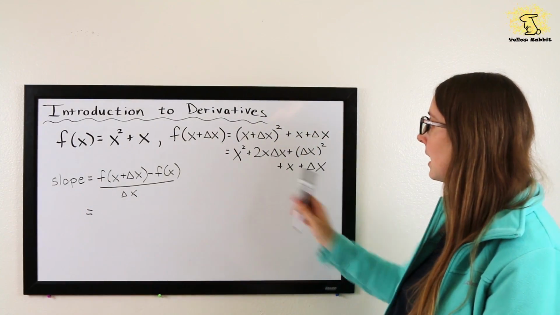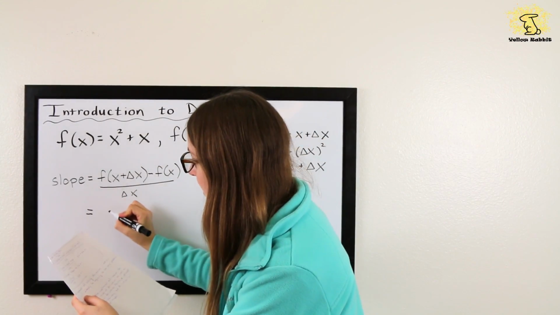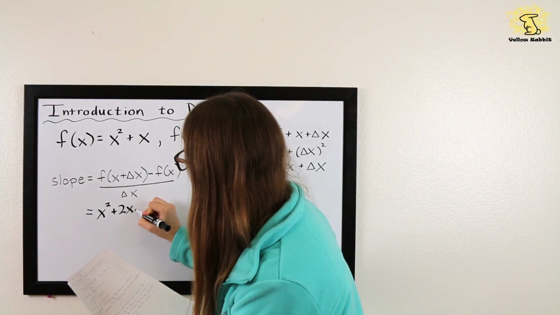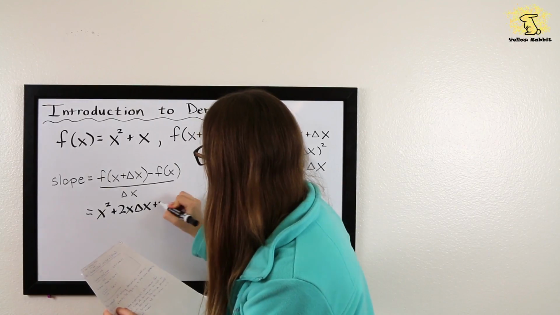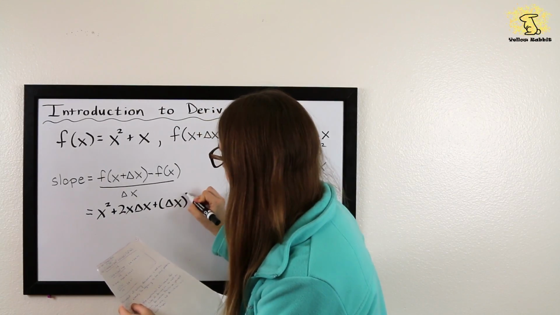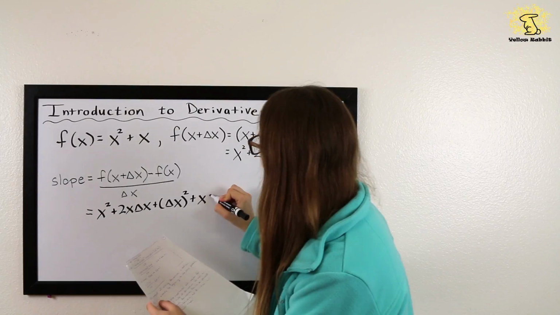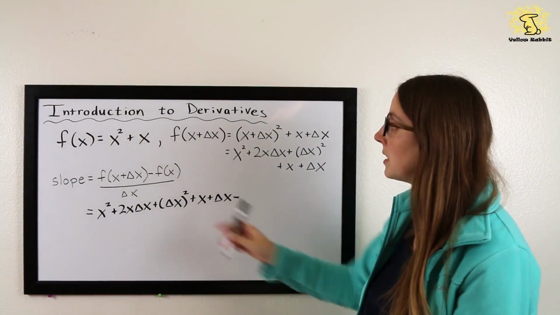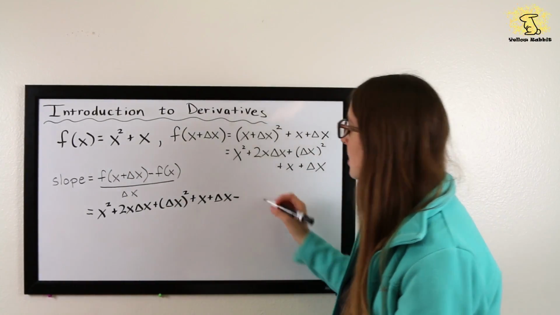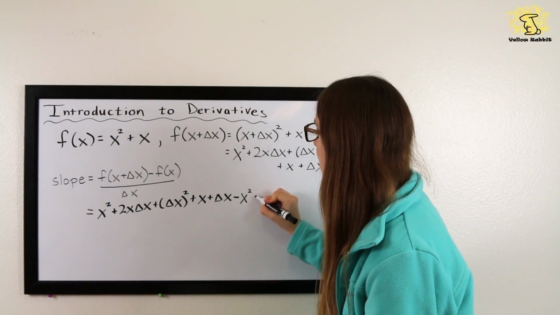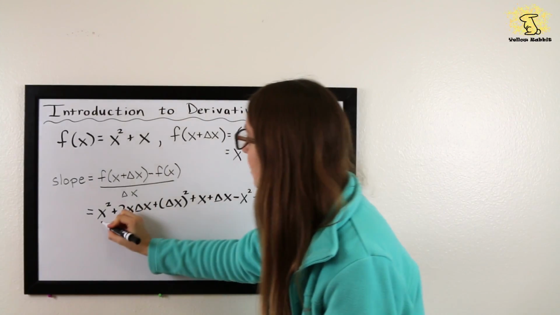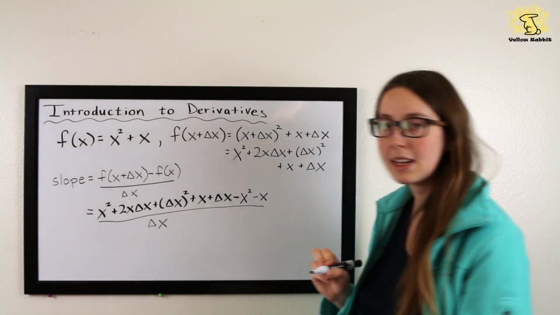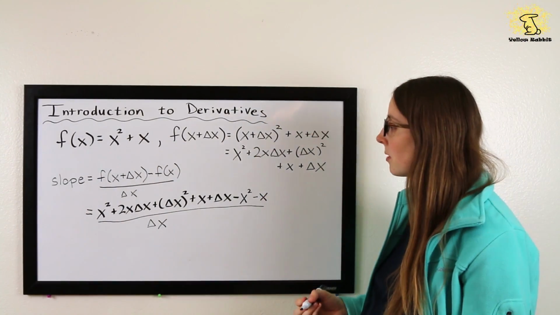So here now, plugging in for my expressions, I get x squared plus 2x delta x plus delta x squared plus x plus delta x minus the quantity x squared plus x, so minus x squared minus x, whole expression divided by delta x. Now let's start simplifying.